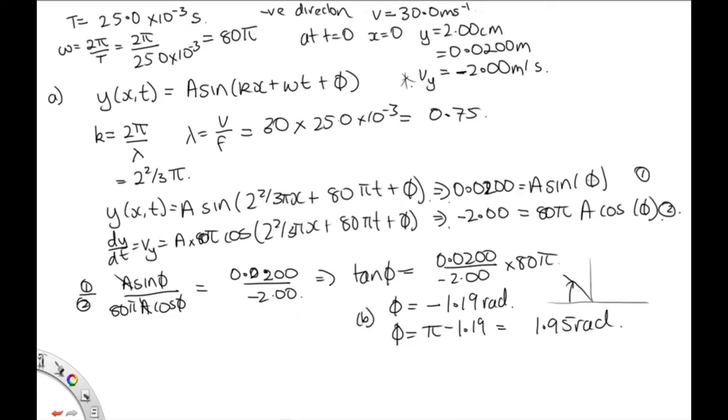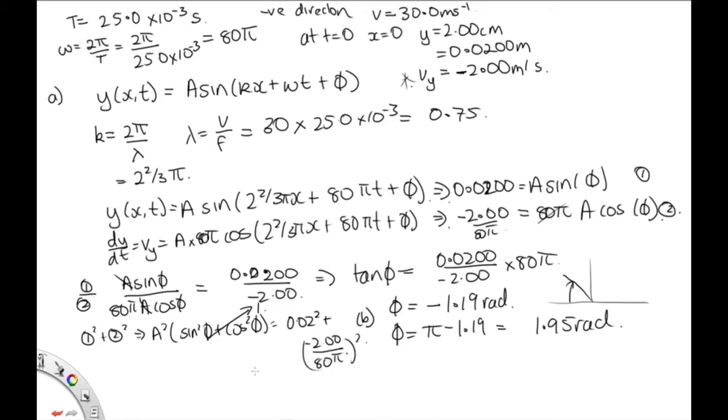To get the amplitude, what we can do is, let's just rearrange this. Let's put this over the bottom here. Now if we do 1 squared plus 2 squared, we'll have A squared outside of sine squared phi plus cos squared phi is equal to 0.02 squared plus minus 2.00 over 80 pi all squared, and this is equal to 1, and so A squared is equal to this plus this.